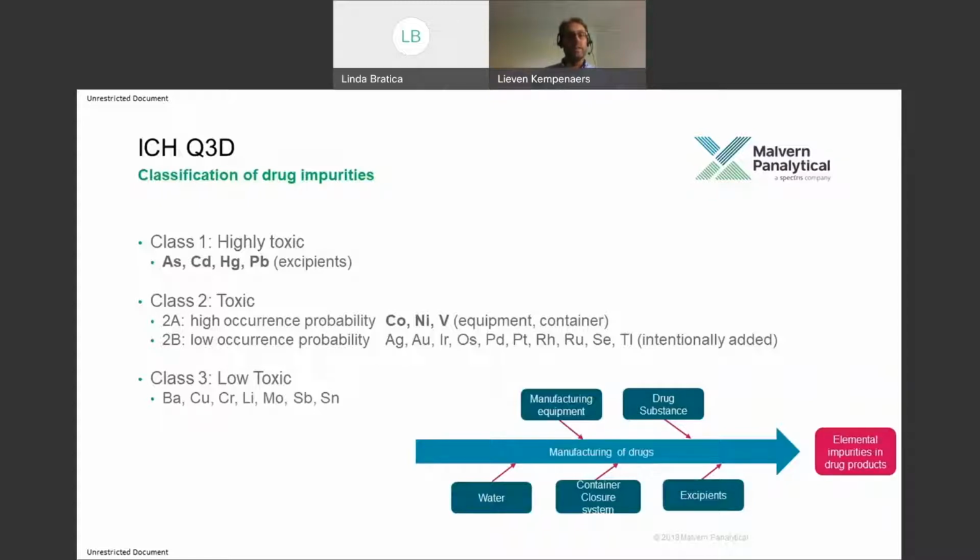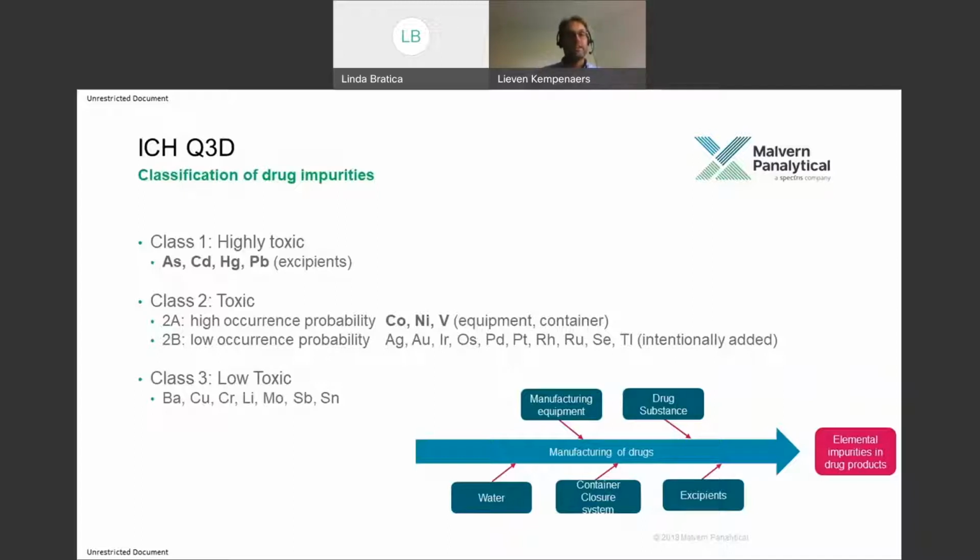Those are elements that can enter into the end product because of some containment or containers or equipment, some wear elements, you could say.